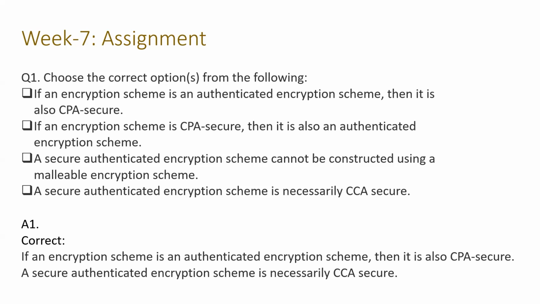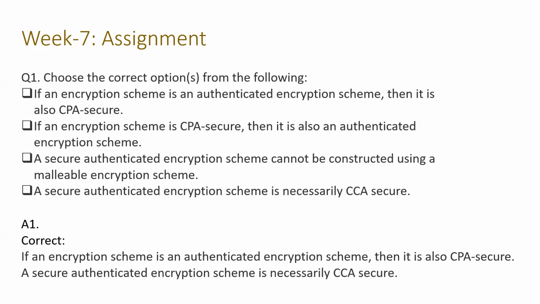So basically, using a malleable encryption scheme, which may mean CCA security, this option says that an authenticated encryption scheme cannot be constructed using a malleable encryption scheme, which is wrong. Basically, if you have a malleable encryption scheme which is secure, that means that this encryption scheme is CCA secure. Okay.